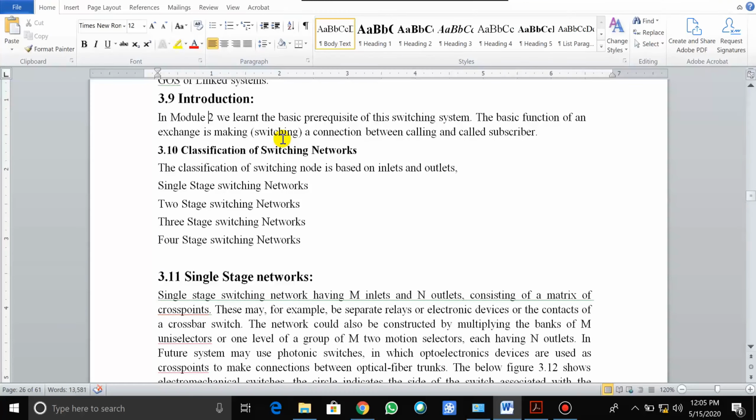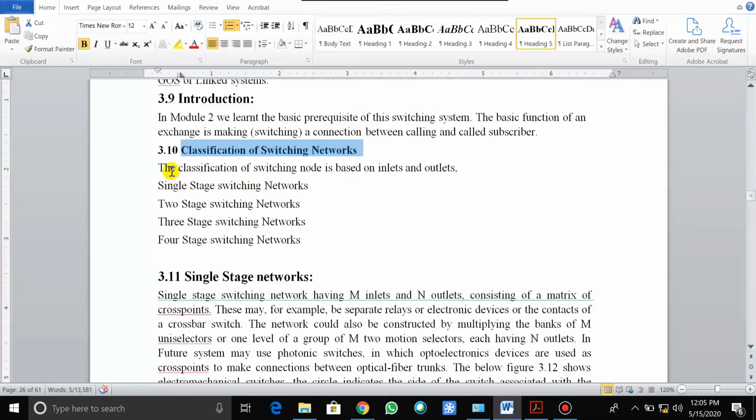So there may be n number of customers in the network. If customer A wants to connect with customer Z, we need to use a switch in between the customers or subscribers in order to connect a call. So, classification of switching networks.